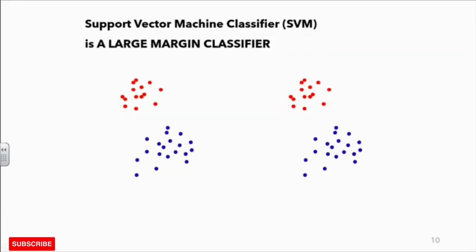So the support vector machine classifier is called a large margin classifier. Here you can see we have our linear classifier here, and you can see the distance of the point nearest to the line, from the red point and the blue point, and the distance here is the same, right?